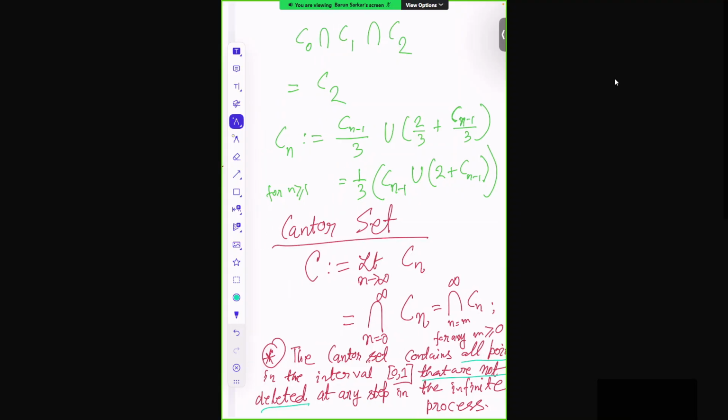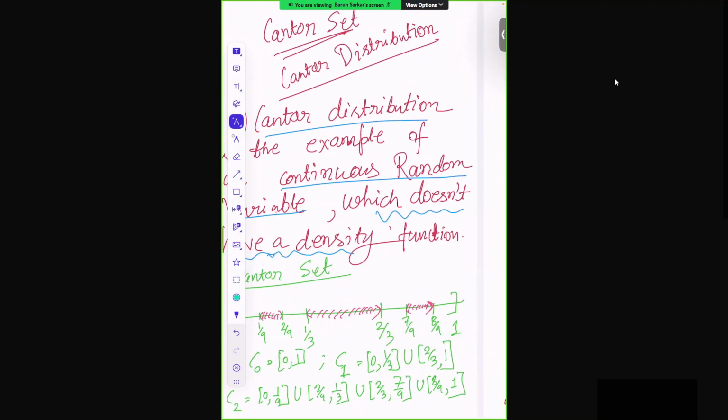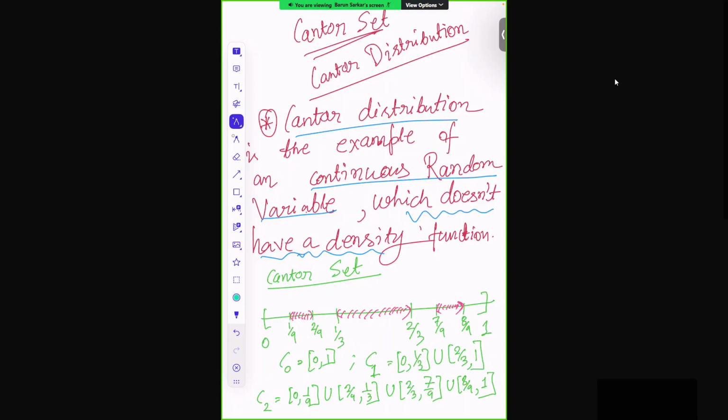So in a sense, if you continue to do so, delete one third, one third, one third, you can take the things in the limiting sense. So it will be just points. It will be almost like points because you are taking the intervals. So for example, C2 is [0, 1/9], [2/9, ...], this way, right?